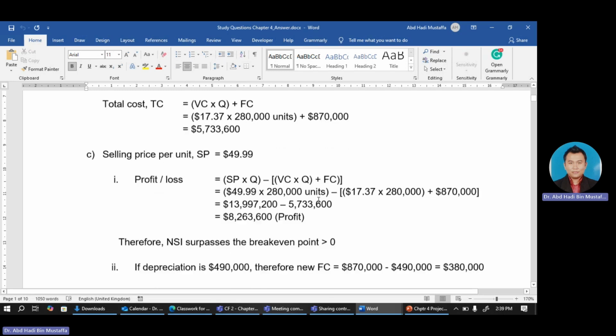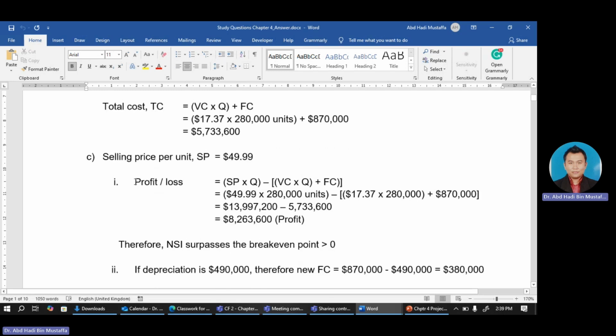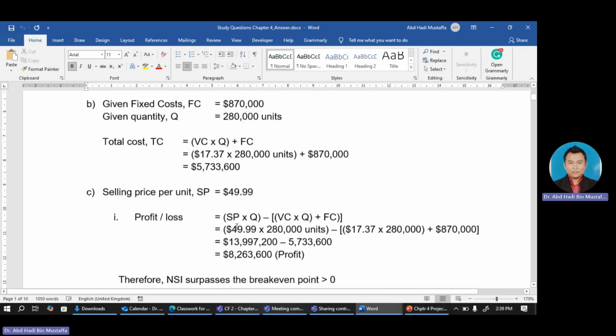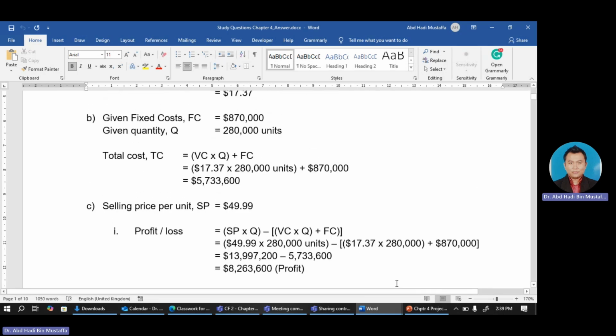Okay, now I only teach question C1 because C2 will be tomorrow. Okay, so you can snap this picture. So profit and loss by using the formula number 4, SP multiplied by Q minus VC times Q plus FC.